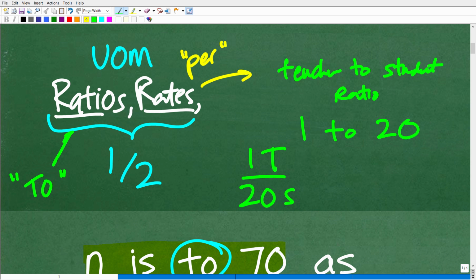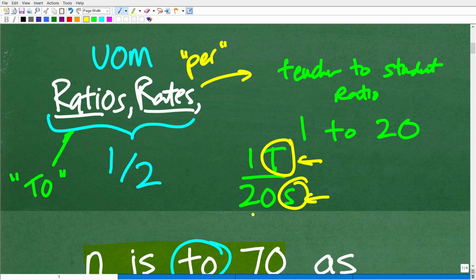Now, some of you might be saying, "Hey, Mr. YouTube Math Man, didn't you just say that if you compare two different units of measure, that is a rate?" Well, not necessarily in this case. What we're counting here is human beings. A teacher is a human being. Although I know a lot of you out there are saying, "Well, are you sure about that?" Yes, indeed. We're counting people. So one person to 20 people, which would be our students.